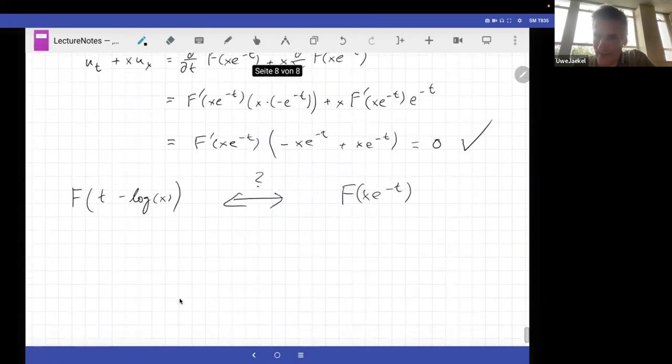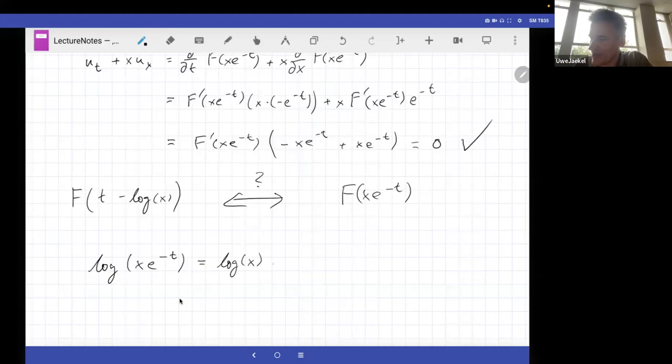But actually, it's the same solution, because let's take the logarithm of my argument here. The logarithm of x to the minus et. We know the logarithm laws. The logarithm of the product is the sum of the logarithms. So we can write this as log x plus log e to the minus t. Keep in mind that log in Python means the natural logarithm, ln. So this is log x.